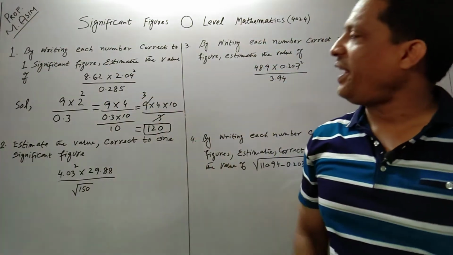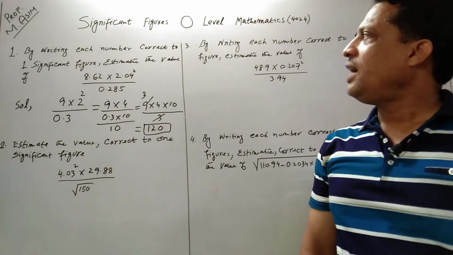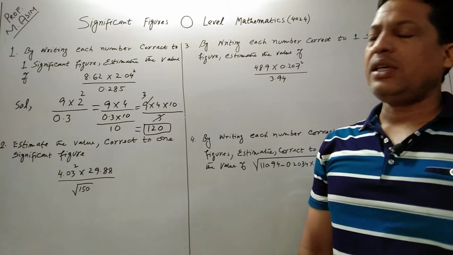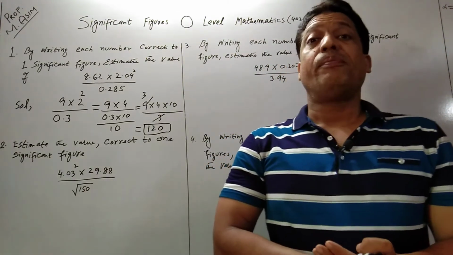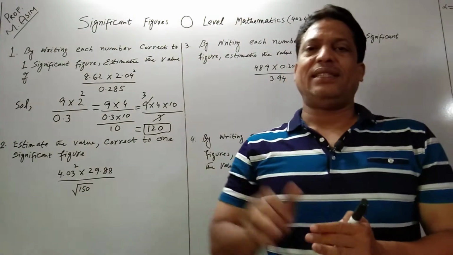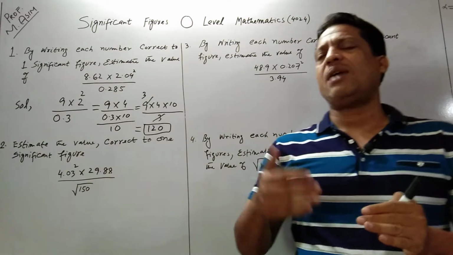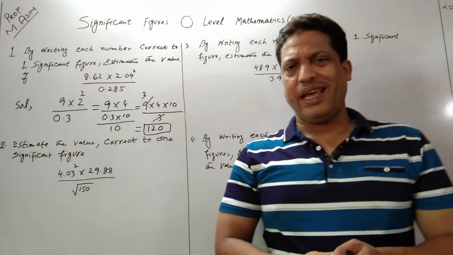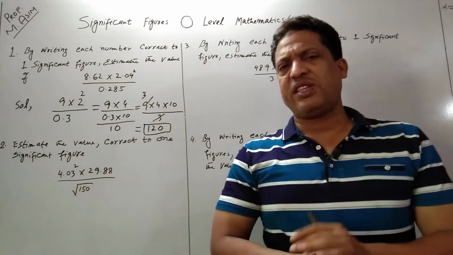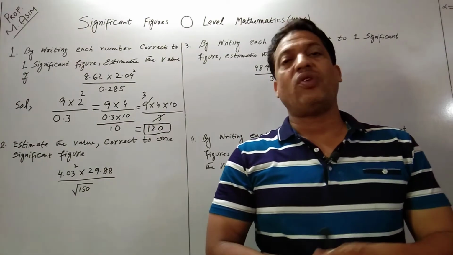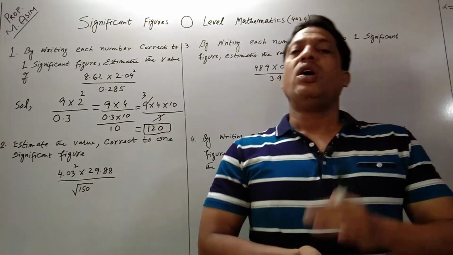The question is, by writing each number correct to one significant figure, estimate the value of this. Students, estimate means not exact, but closest to exact, not beyond the exact value. For example, if you have 9 rupees in your pocket and you say I have around 10 rupees, you are right, because 9 rupees is closest to 10 rupees.